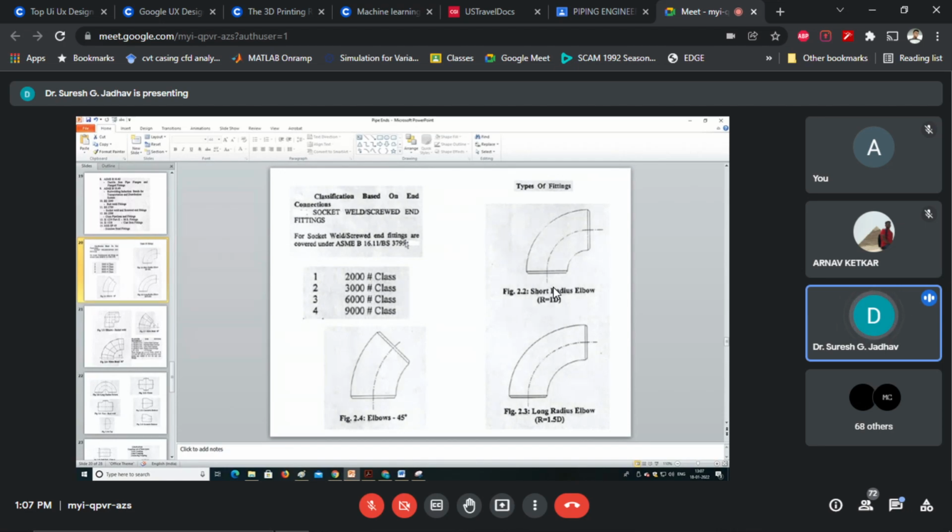The long radius elbows have a bend radius of 1.5D, where D is the nominal size or outside diameter of the pipe, whereas the short radius elbows have a bend radius of 1D. Again, D is the nominal size or outside diameter of the pipe, and the 45 degree elbows are of 1.5 into D radius.